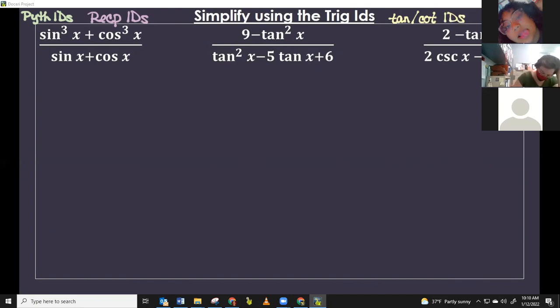First problem over here, the one farthest on the left. Looking at this numerator here makes me think about some stuff that we did first semester. Like if I had a cubed plus b cubed. That's a sum of cubes, isn't it?